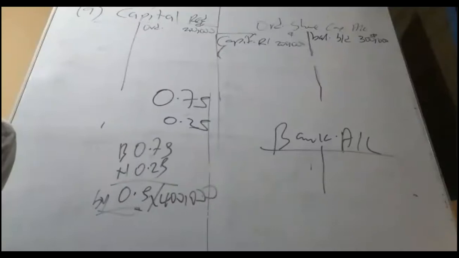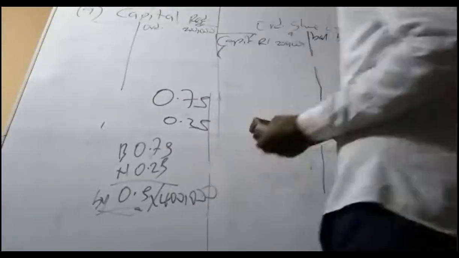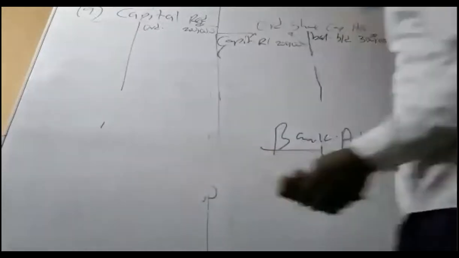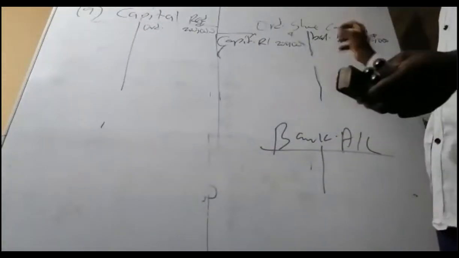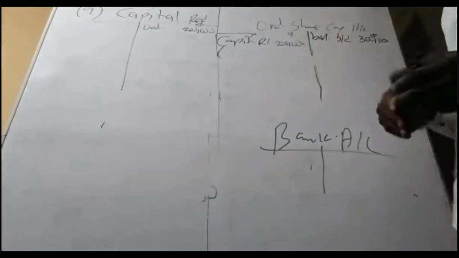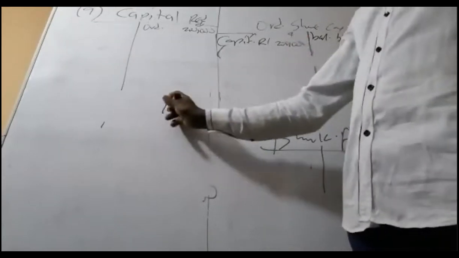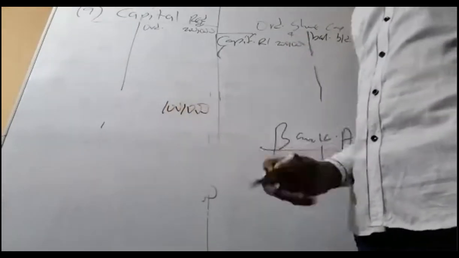That one will not have an impact on the calculation. It means that if we end here, the number of shares will not be 400,000. It will be 100,000. Why? Because now the balance is 100,000 cedis. How do you get 100,000?